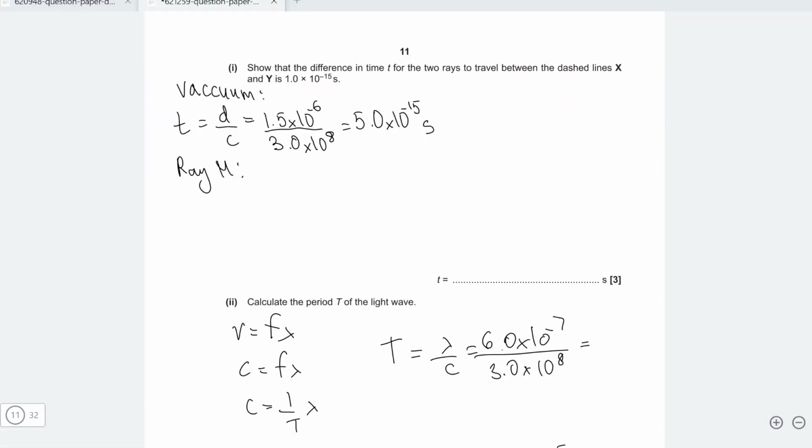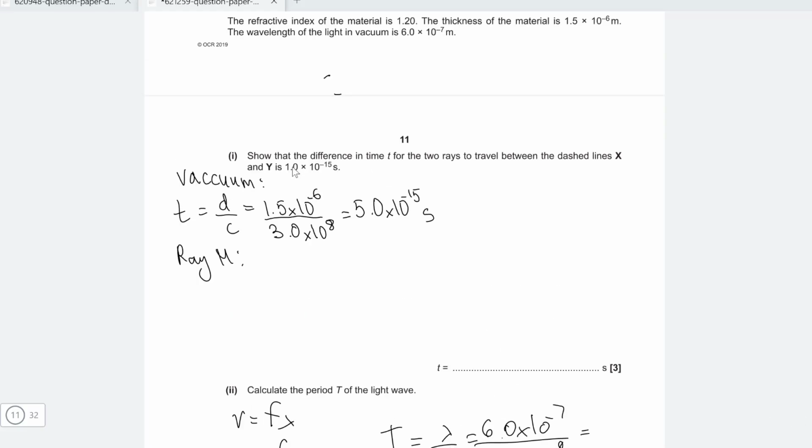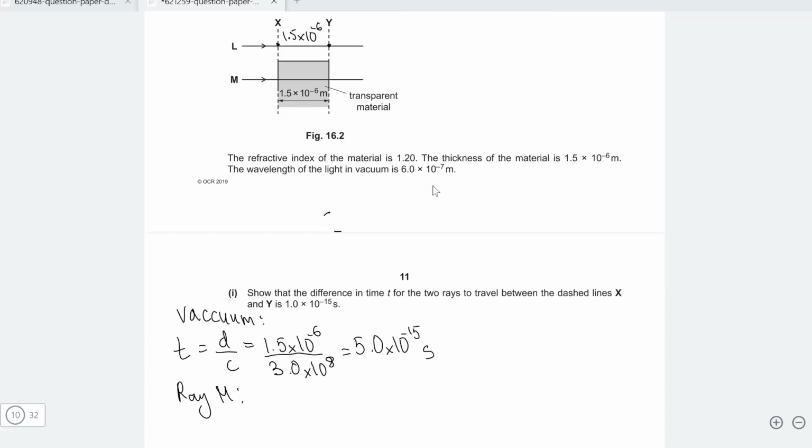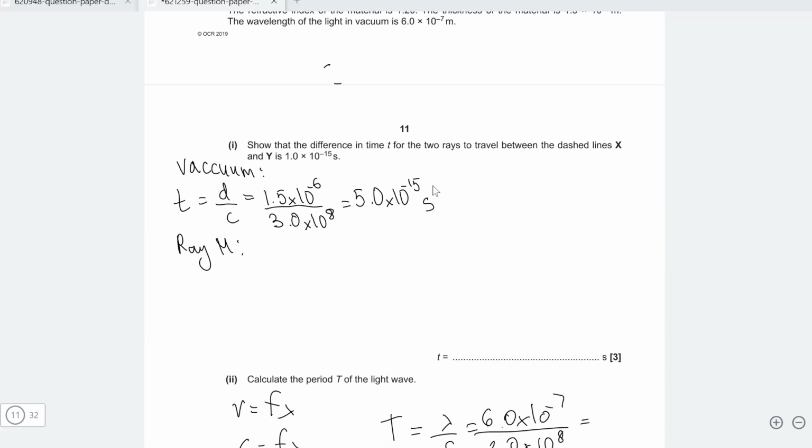Now for ray M, the speed of light will no longer be 3.0 times 10 to the 8. This is because the light ray is going to go through a material M that has a refractive index of 1.2. Remember, the refractive index is connected to the speed of light of that substance via the equation that the refractive index is a ratio of the speed of light in a vacuum, which is c, to the speed of light in that particular substance.